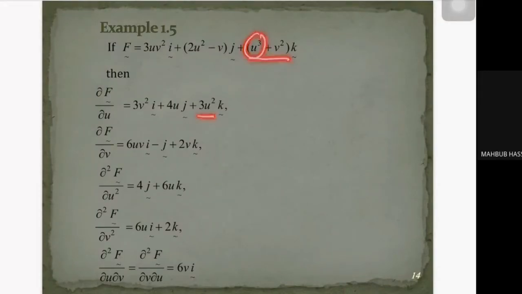Similarly, when you want to differentiate f with respect to v, just look at v here and assume u as a constant. Then you get 6uv i, minus j, you get 1 here, so it will become only negative j. And this will become 2v k.